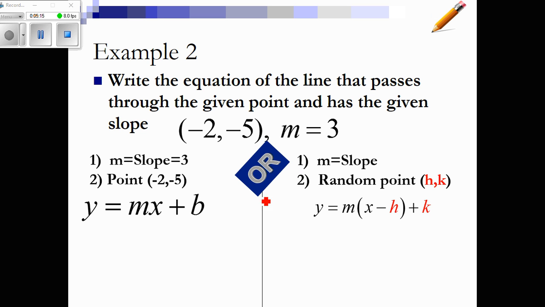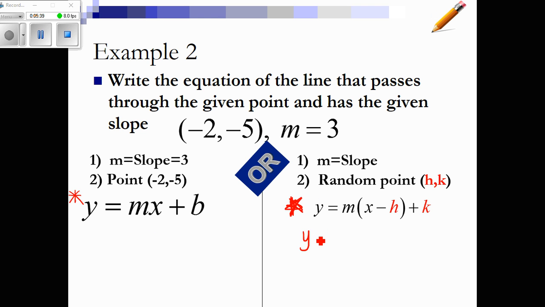So I am going to use this formula. Can y equals mx plus b get me to the same place as the translated form? Certainly it can get you there, but why would I use it if it's going to mean I've got to work harder to get there or take longer to get to Starbucks, okay?